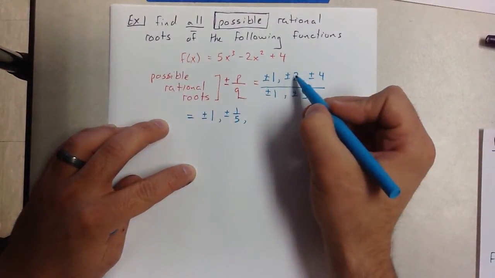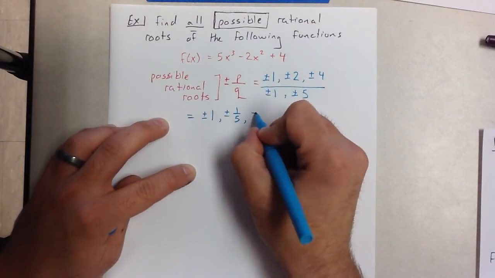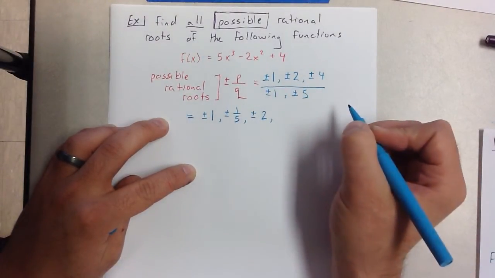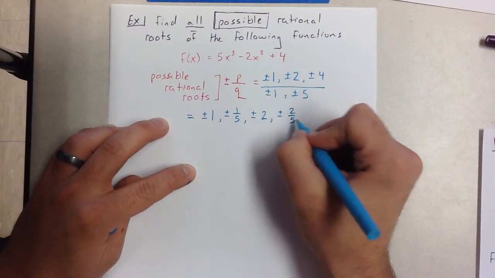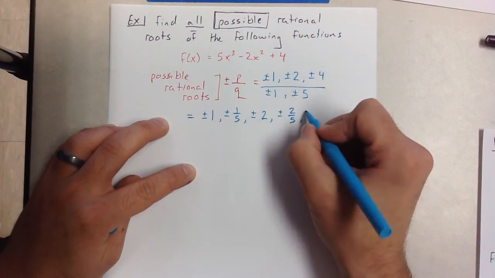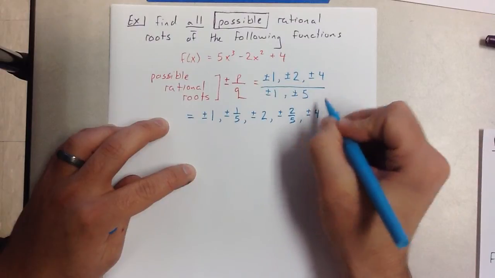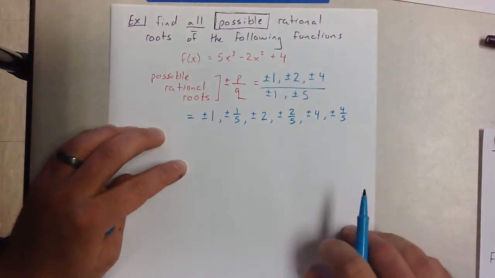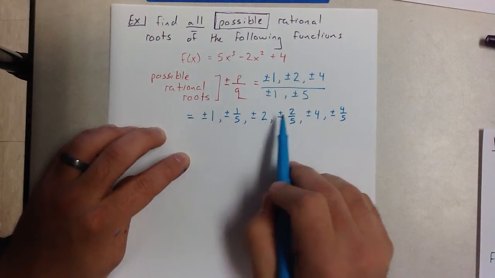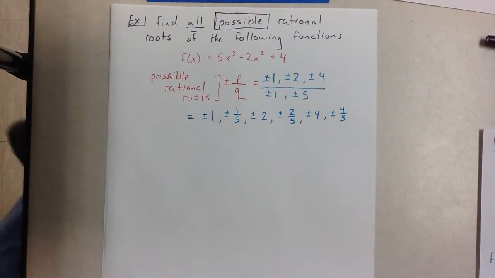Okay? And then move on to the next. 2 divided by 1. And then 2 divided by 5. 4 divided by 1. 4 divided by 5. And that's it.